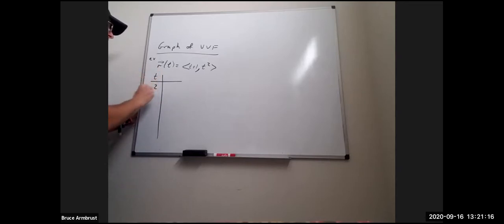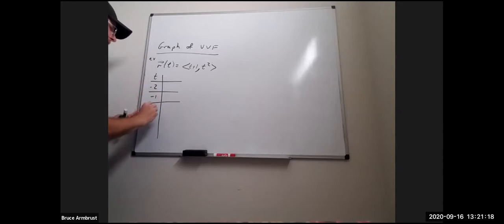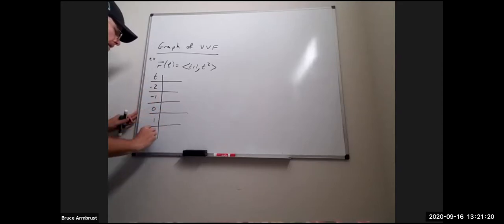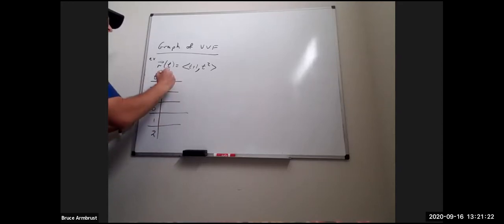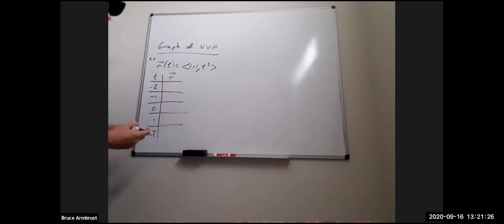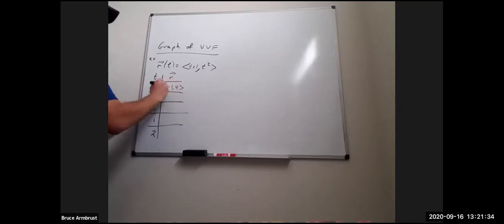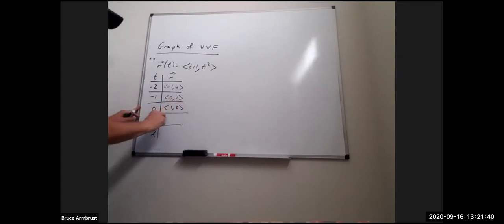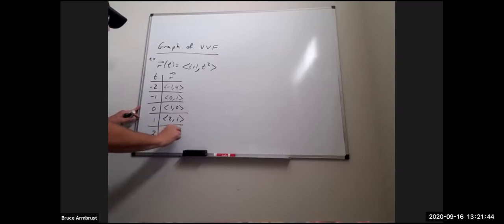Let's say -2, -1, 0, 1, and 2. And on the second column, we're going to have what our vector is. So super easy, right? We just plug in the values. So we get here -1, 4. Then we get 0, 1, 1, 0, 2, 1, and 3, 4.